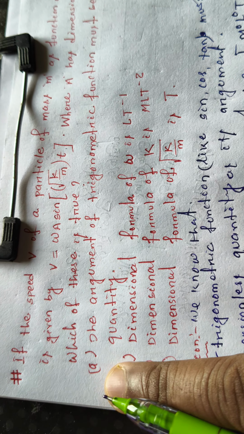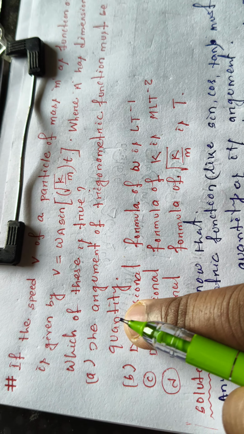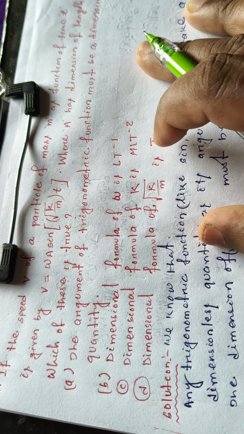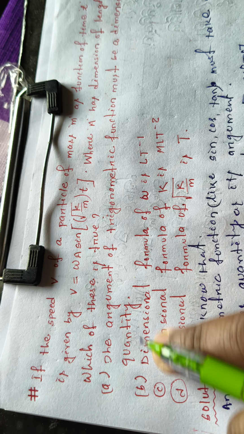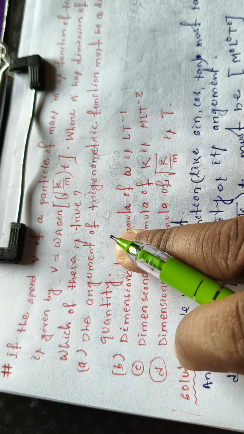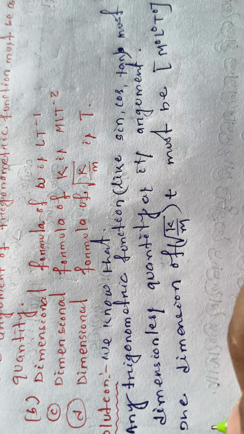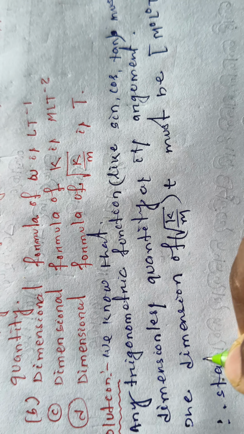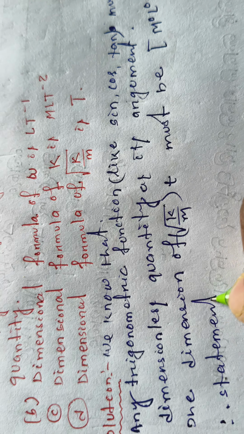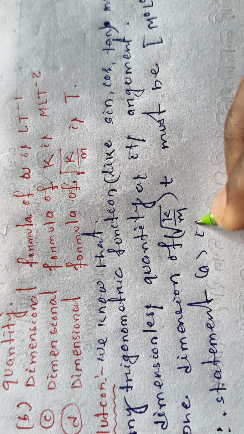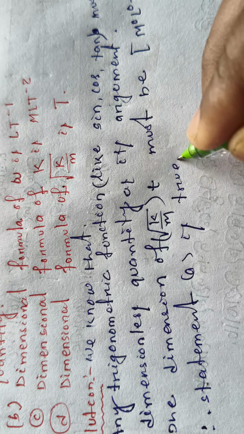That means the first statement, the argument of the trigonometric function must be a dimensionless quantity, is correct. Option A is correct. Therefore, statement A is true.